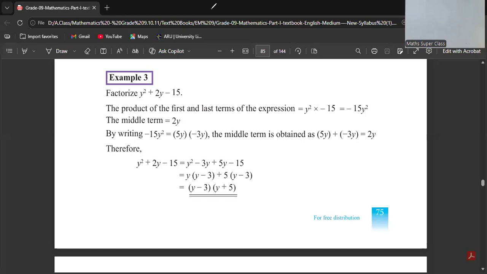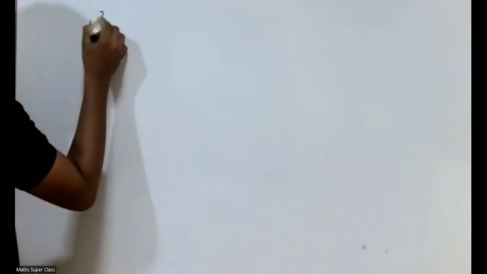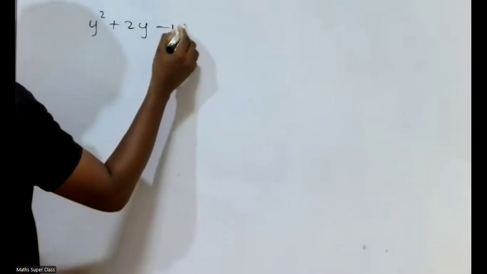When you have this kind of quadratic expression, you have to get the answer from that part. Now you are going to learn about that. Here is y squared plus 2y minus 50. This is our question.